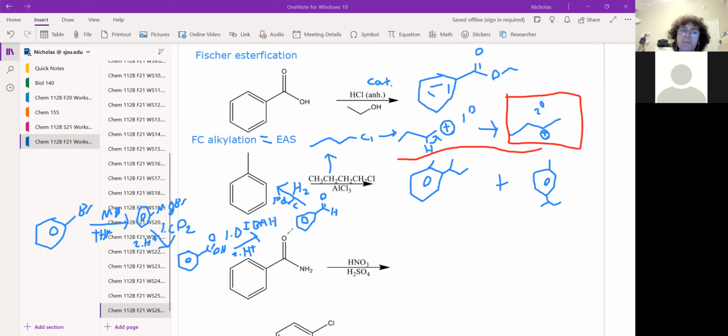There was a reaction that he skipped over. There's a specific set of conditions that allow you to add... I forgot what it was called. It allows you to make benzaldehyde for Friedel-Crafts Alkylation, but he didn't cover it, so you don't have to know it.